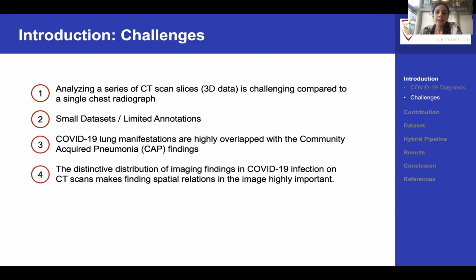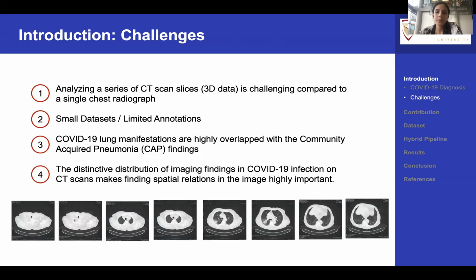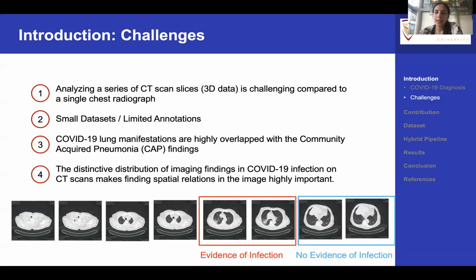And the distinctive distribution of COVID-19 throughout the CT scans makes it difficult to find a relation with other instances of the image. This figure here shows a case that has evidence of infection and a case without evidence of infection.